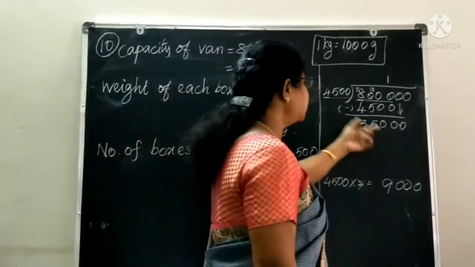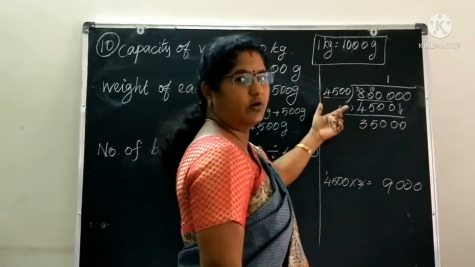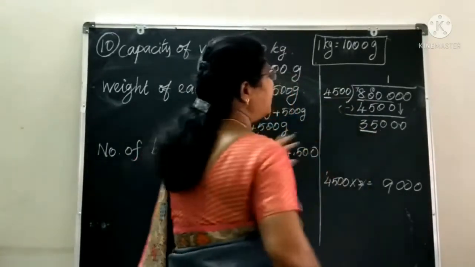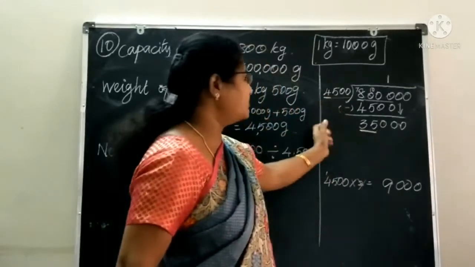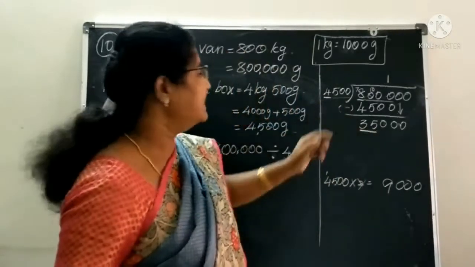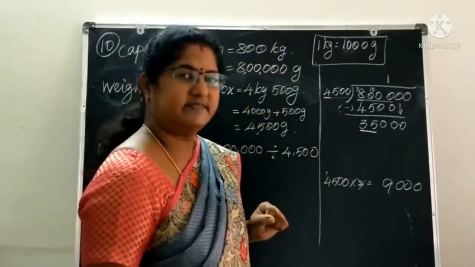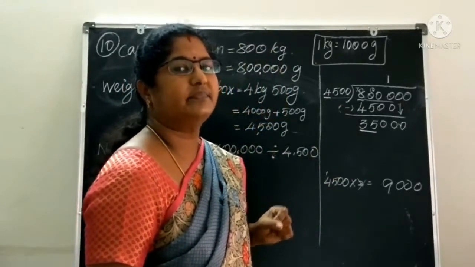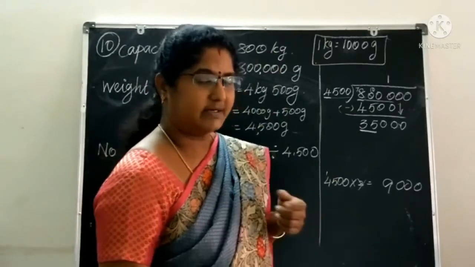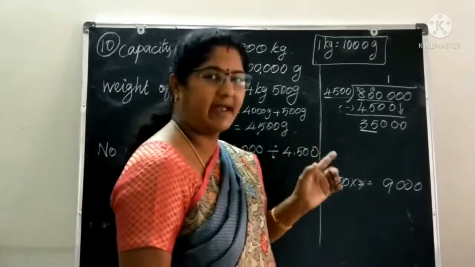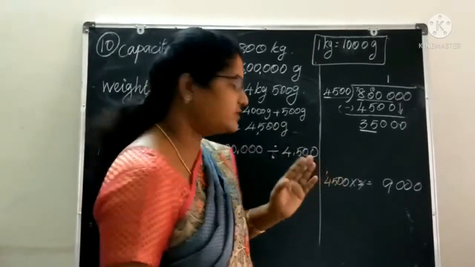Here there are 5 digits, and there 4 digits, so compare with the first 2 digits. In 35, how many 4s? Say the fourth table. 8 4s are 32. 9 4s are 36. So 9 times is not possible. 8 times maybe. So we will check.